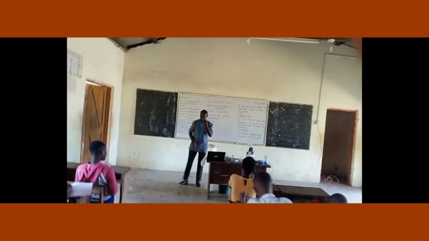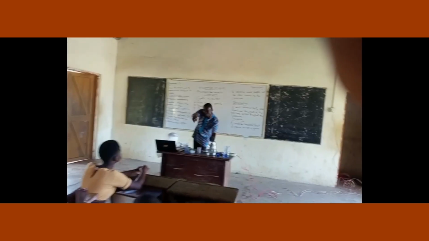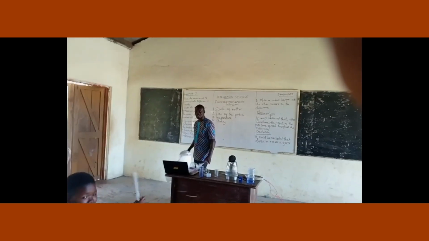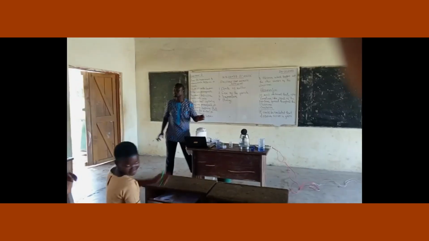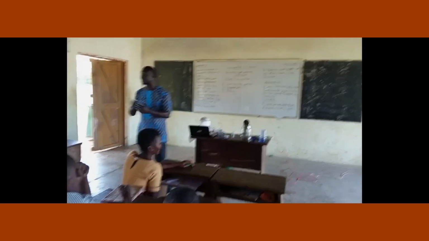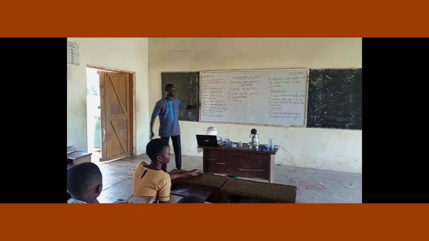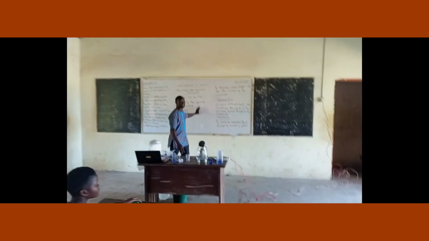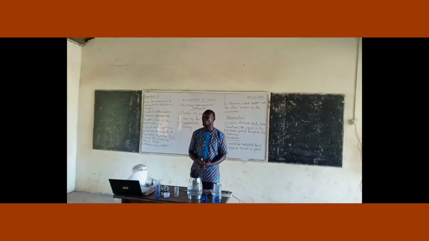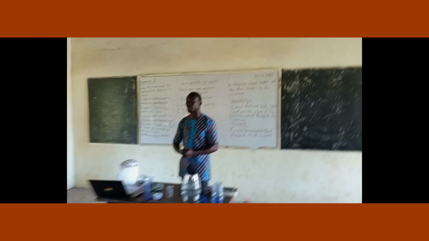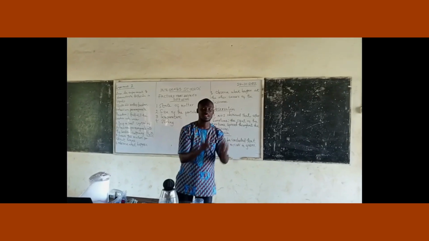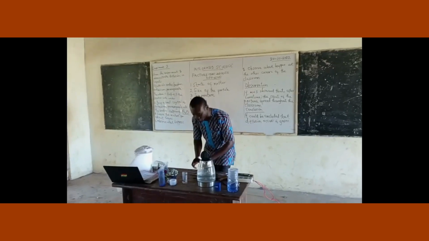That's diffusion. You have learned the definition of diffusion, you have done an experiment to demonstrate diffusion in liquids and diffusion in what? Gases. You have also learned about the factors that affect diffusion.